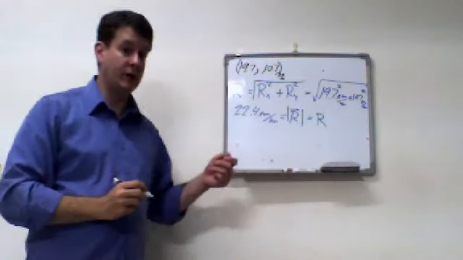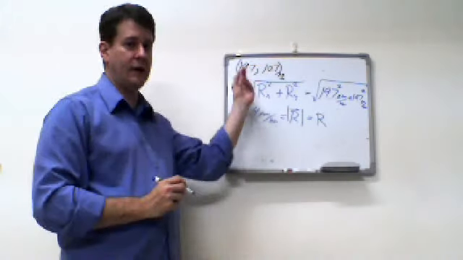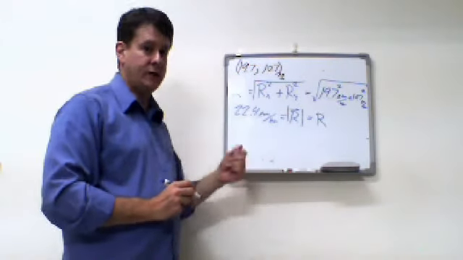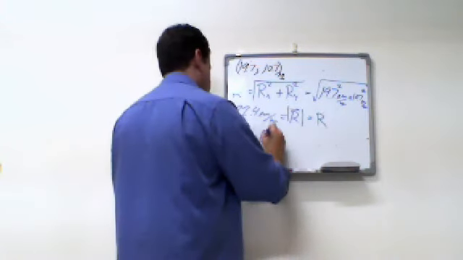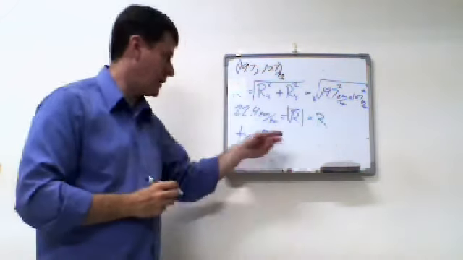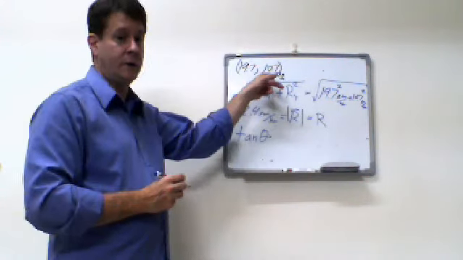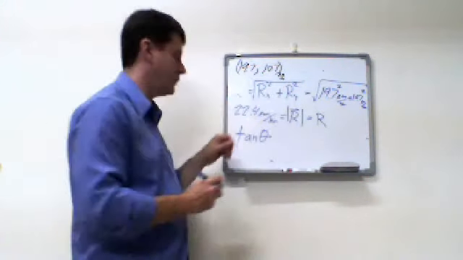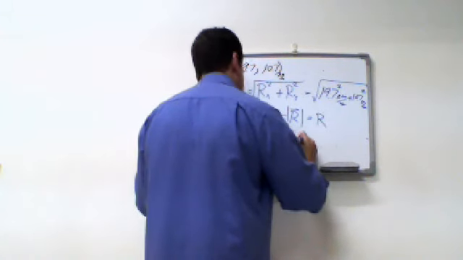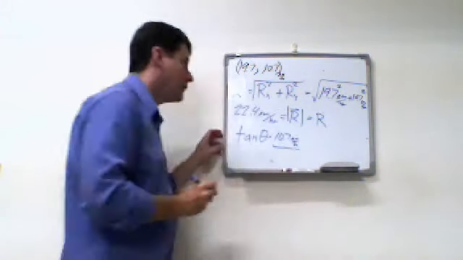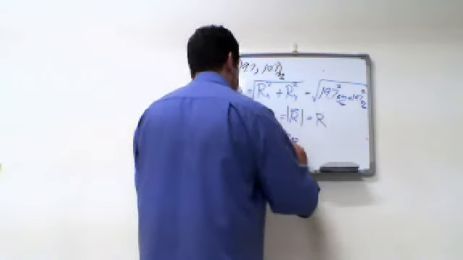Now what we can do is solve for our angle theta, and since we have the opposite and adjacent sides, let's use the tangent. We have tangent of theta is equal to the opposite over adjacent. The opposite side is going to be the y value, the vertical value, 10.7 kilometers per hour. The adjacent side is 19.7 kilometers per hour.